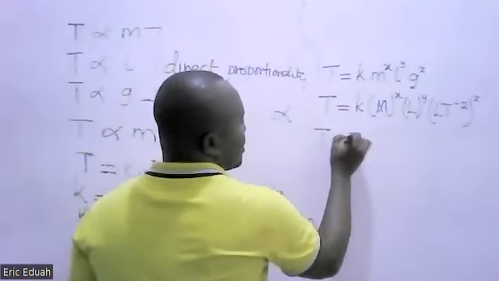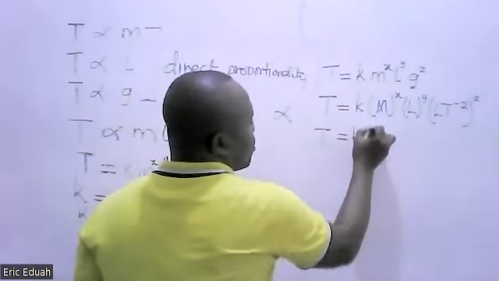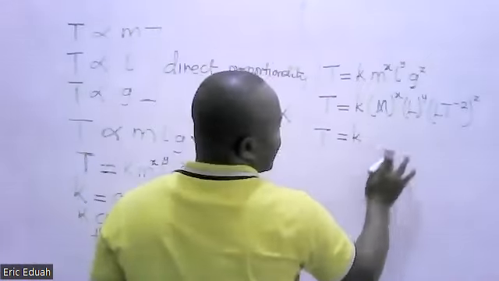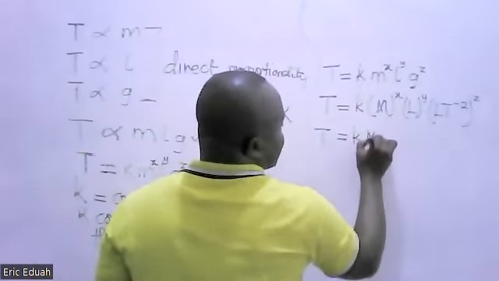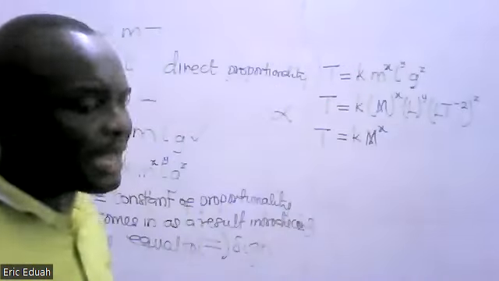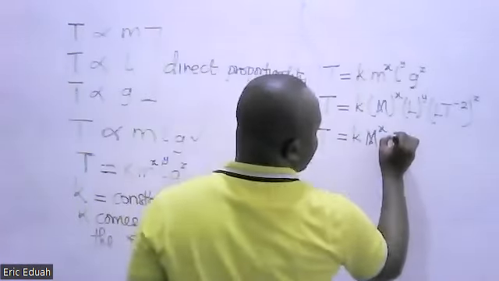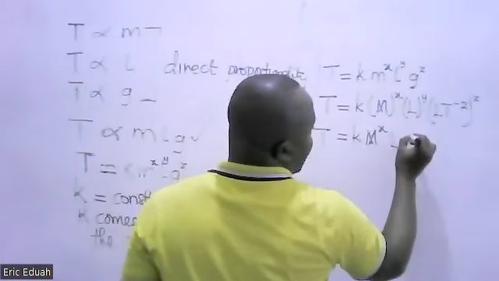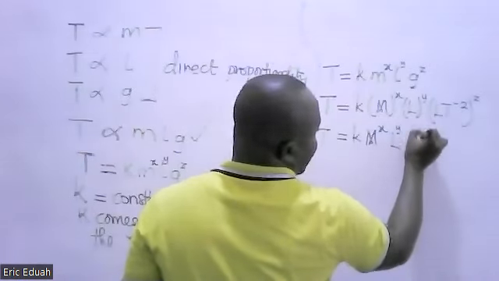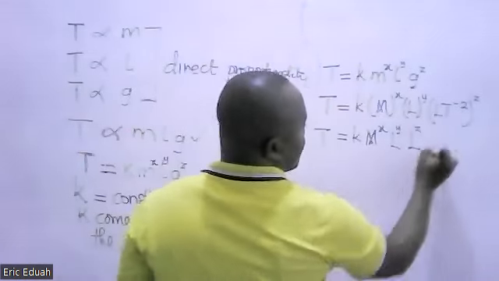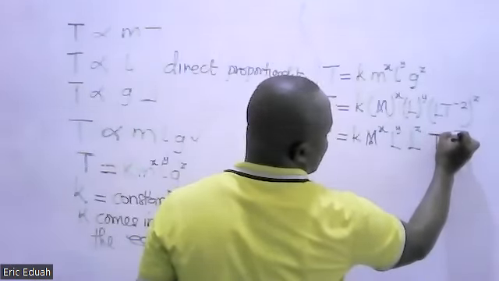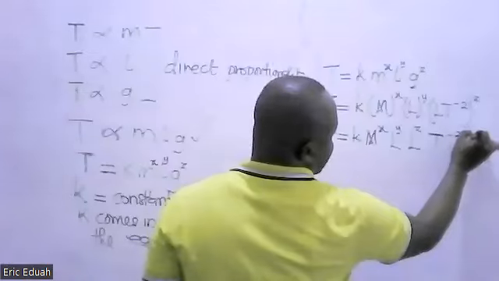So let's expand what we have at the right hand side. M is single among all the letters, so M raised to the power X. For L, we have L to the power Y and another L to the power Z. T is also singular at the right hand side, so minus 2Z.